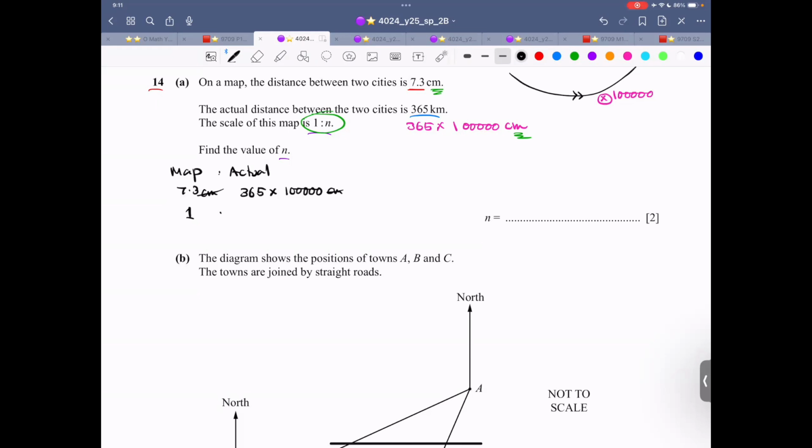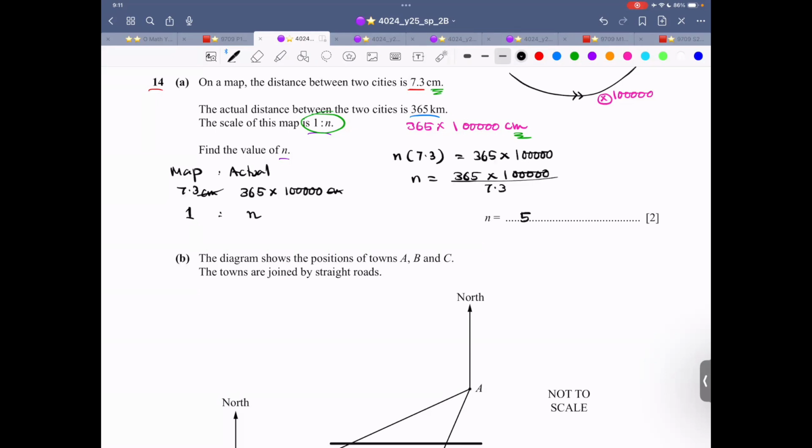So if it's 1 unit, how much actual? So let me write over here n. So therefore, when I cross multiply, n into 7.3 is 365 into 1, and then 1, 2, 3, 4, 5 zeros. Therefore, n is 365 into 1, and then 1, 2, 3, 4, 5 zeros divided by 7.3.